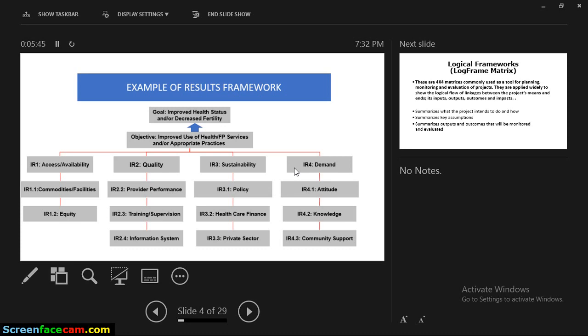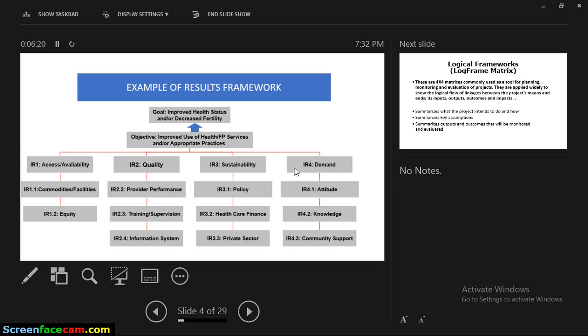Then beyond that, you are also going to have what is called SO, or strategic objective, which is improved use of health and family planning services and appropriate practices, right? So if you were to achieve this objective, is it true that achieving this objective will lead to this?